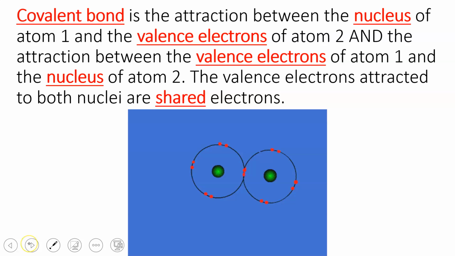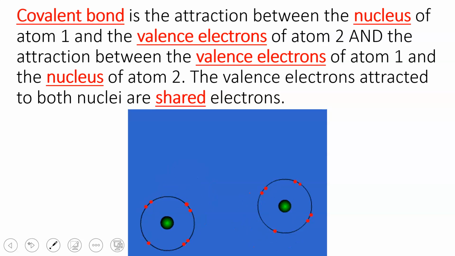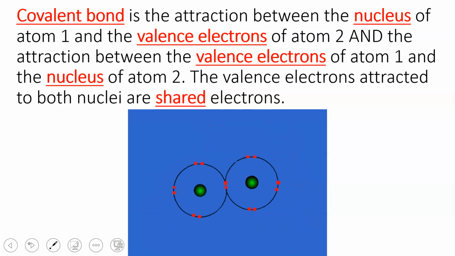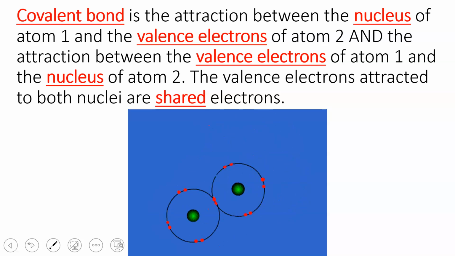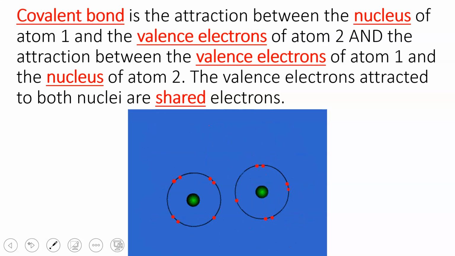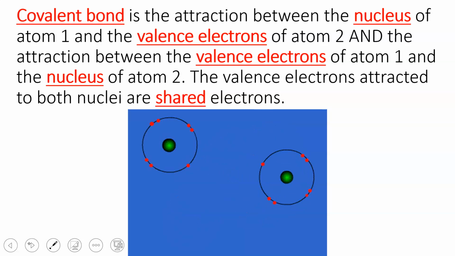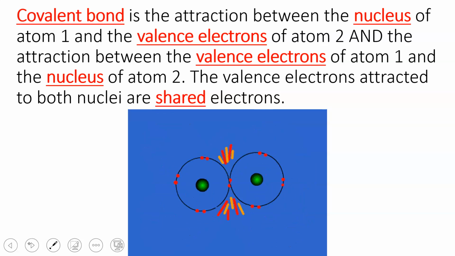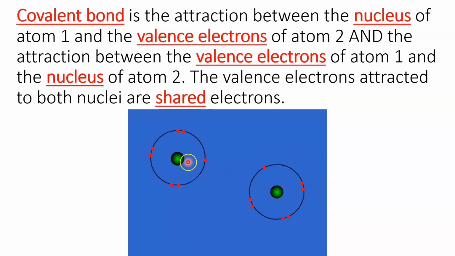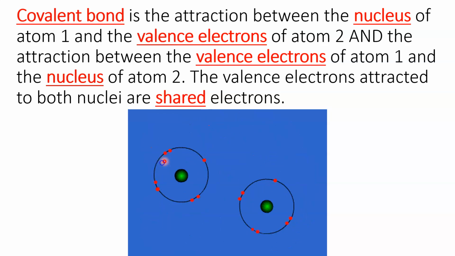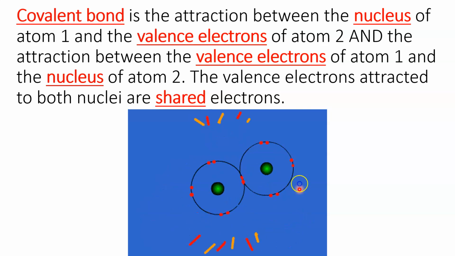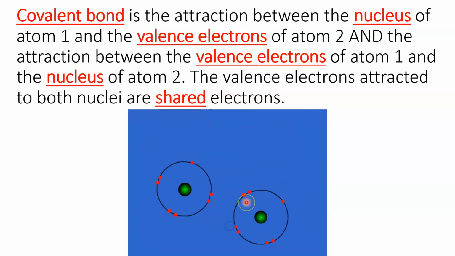Now let's break that down a little bit more and look at this animation. So you can see that both of these have an unfilled valence shell. So it's an incomplete valence shell. So we have the nucleus of this atom, let's call that atom 1, is attracted to the electrons in the other atom, in atom 2.